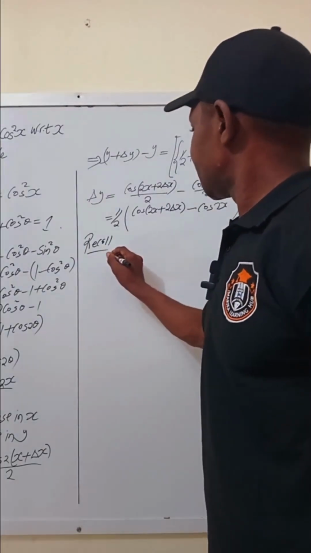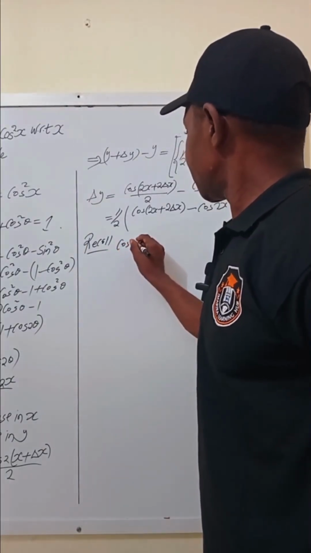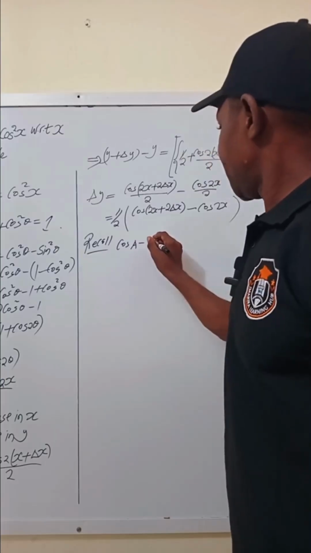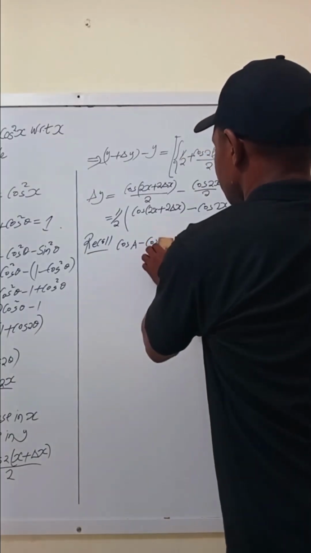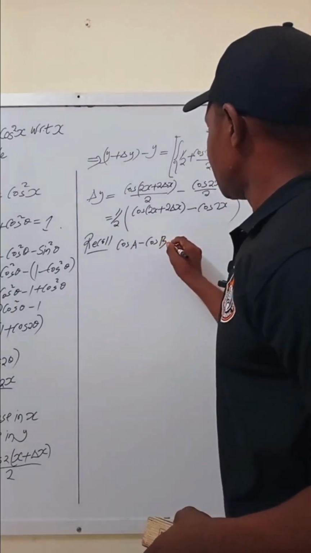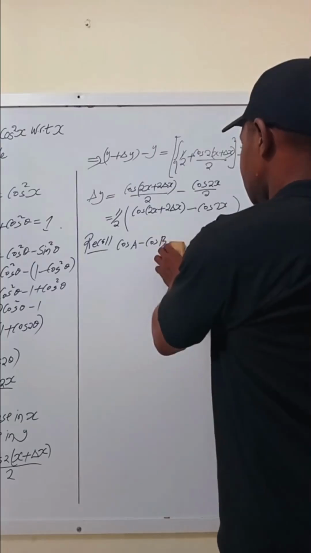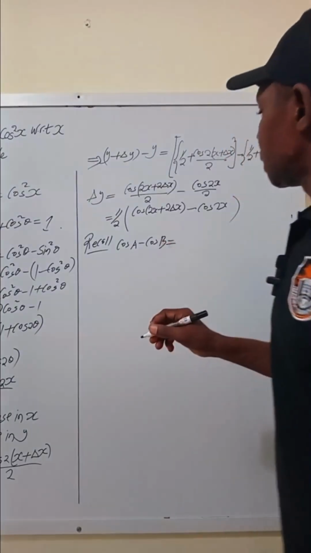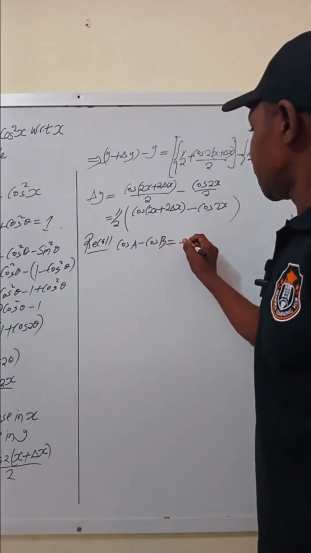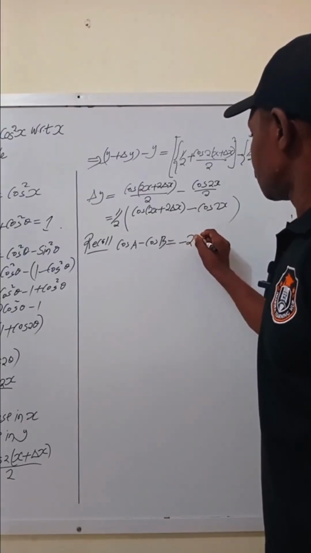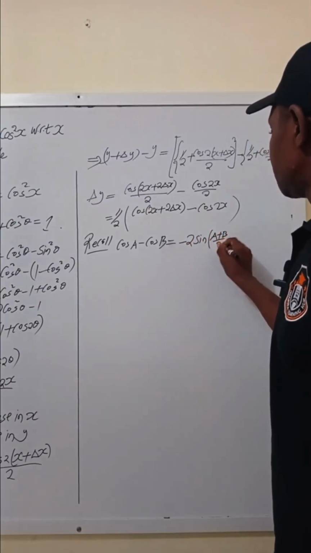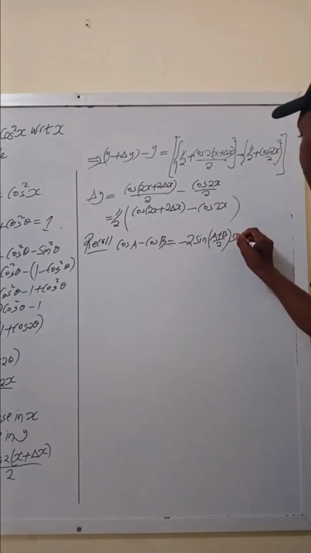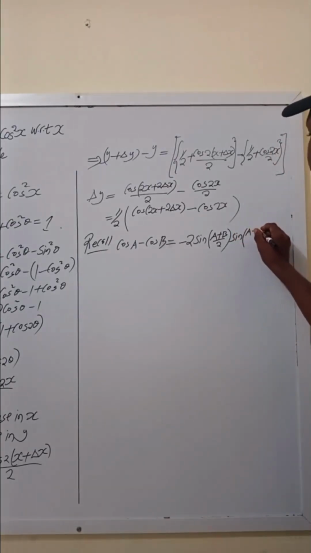If I have cos of angle A minus cos of angle B, this equals negative 2 sine of A plus B divided by 2, then again sine of A minus B divided by 2.